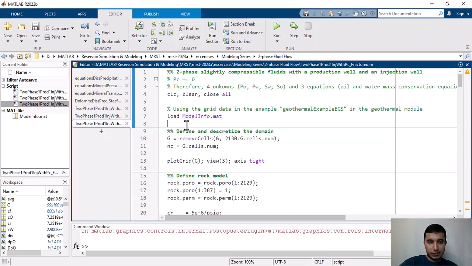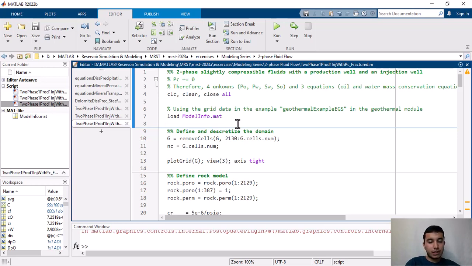So let's see what we need in order to model multi-phase fluid flow in a fractured porous medium. The only thing that you need to do in order to model multi-phase or single-phase fluid flow in a fractured porous medium is to change the properties of the rock.